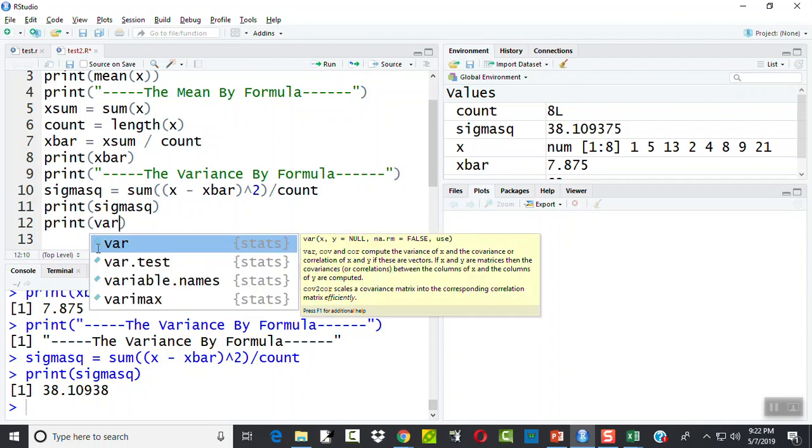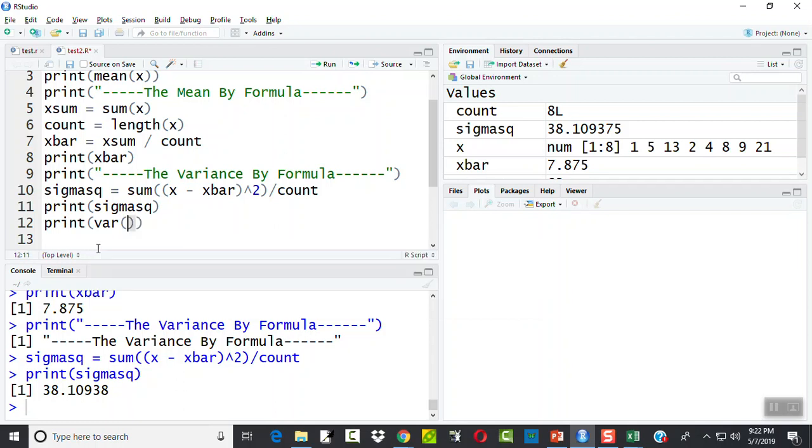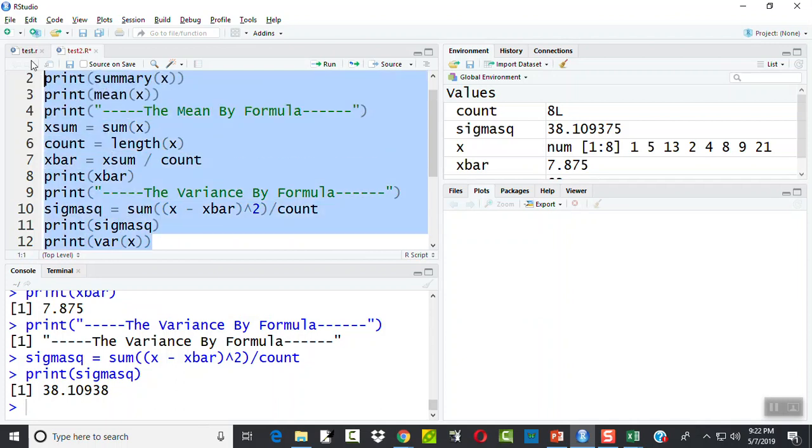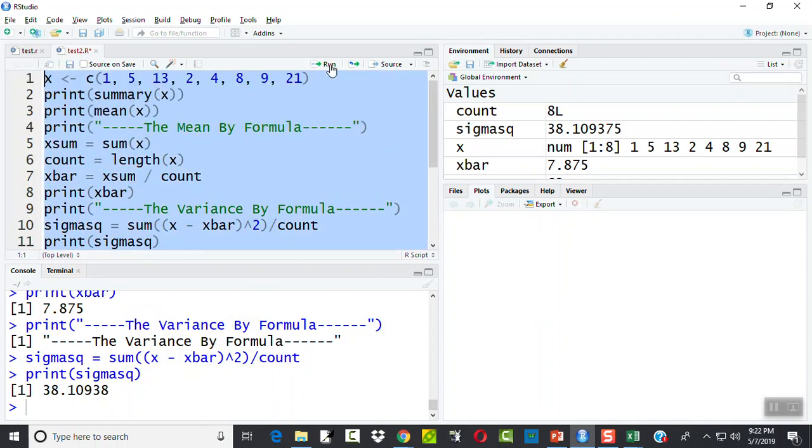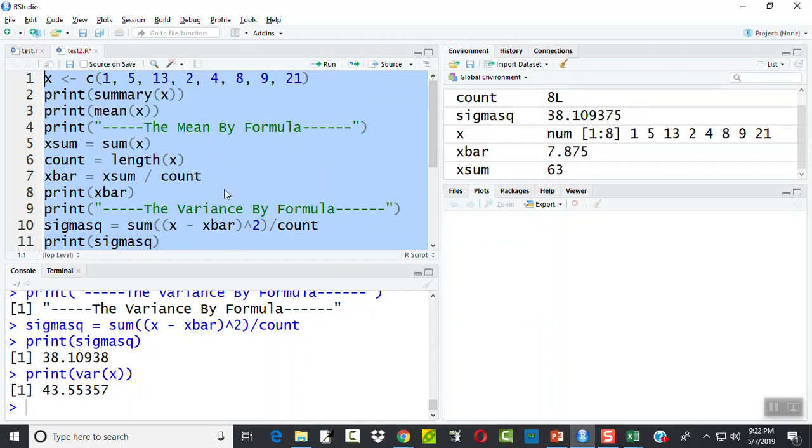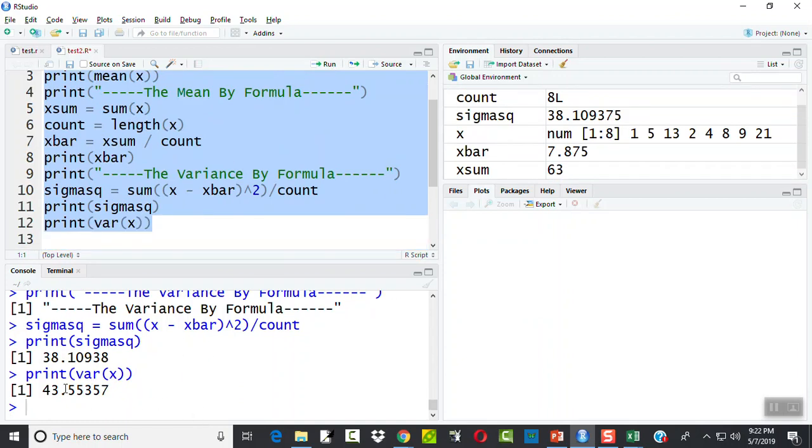There is a var. What's this say? Compute the variance of x. Okay, so x. And let's see what that gives us. Now I'm wondering if that's not giving us the sample variance. So let's modify this.